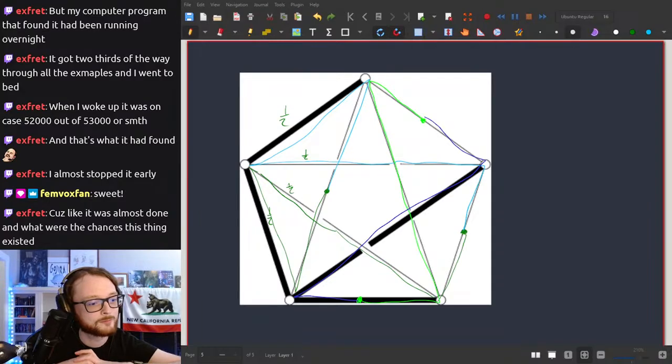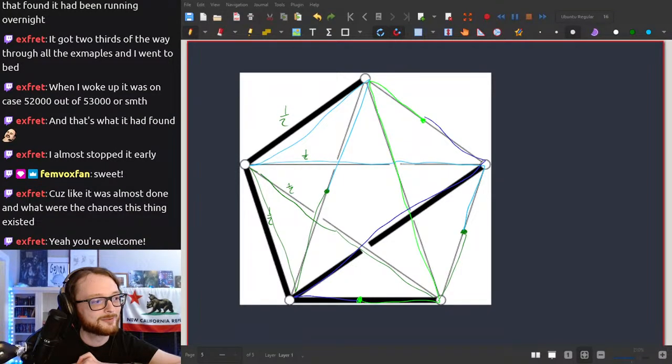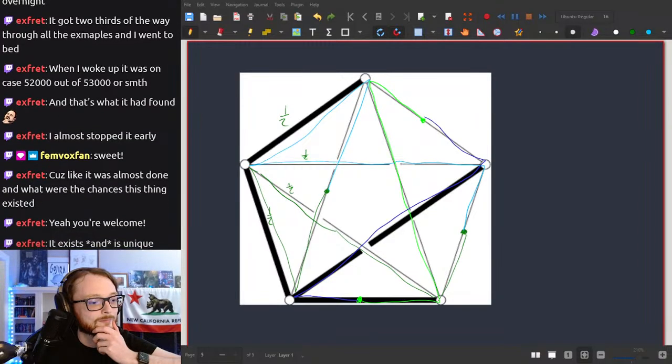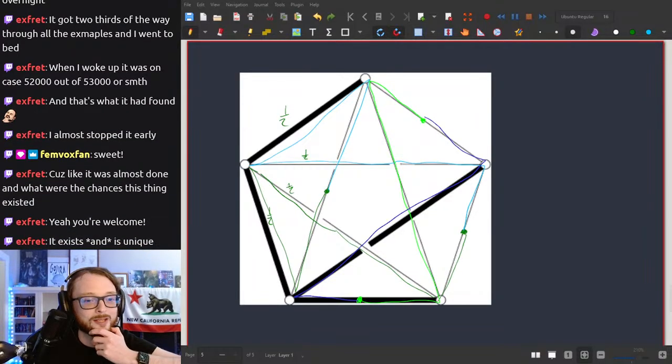Thanks for showing it to us all. What was the chance this thing existed? It is weird that it exists. It exists and is unique. That is kind of wild.